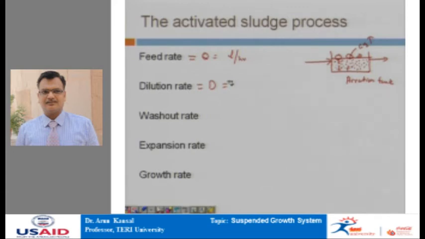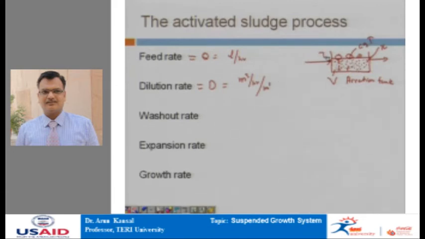Let us consider V as the volume of the tank and the amount of microbial biomass as X. Dilution rate is how much volume of fresh wastewater is getting replaced per cubic meter of the volume of the tank.